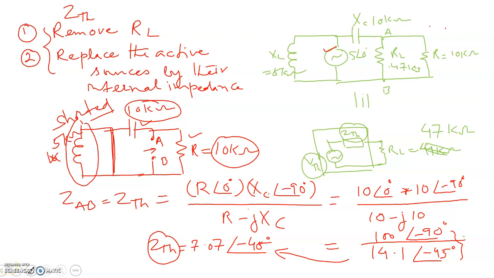Let us now try to find out VTH. So let me redraw the circuit. This is an inductor and this is the voltage source.